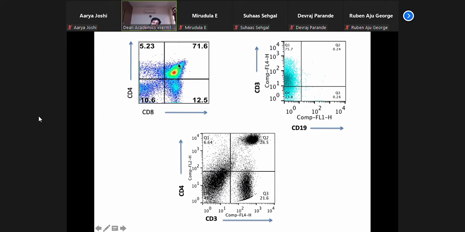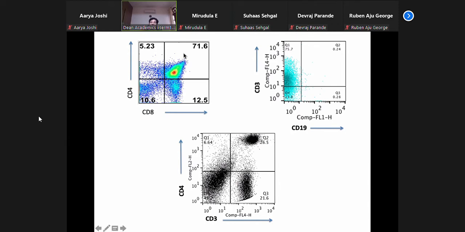Now, depending on whether these cells come in contact with MHC class 1, they will become single CD8 positive. If they come in contact with MHC class 2, they become CD4 positive.